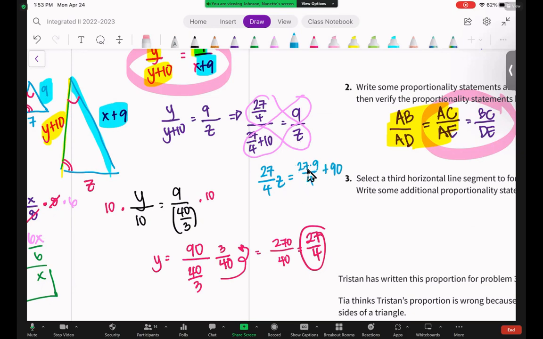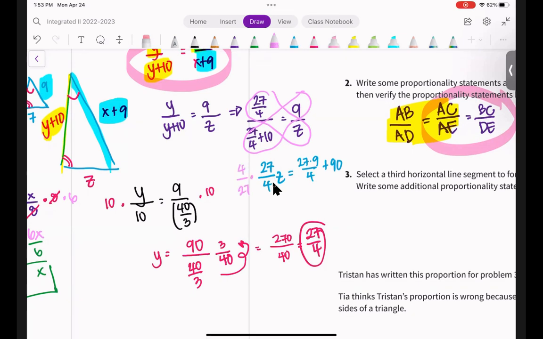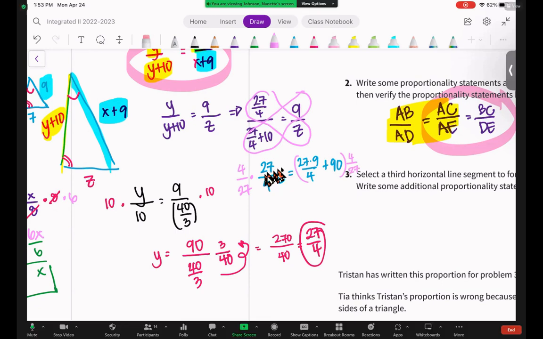I'm going to leave it like that. And then to solve for z, I'm just going to divide by 4 over 27, or just multiply by the reciprocal. And that goes this whole thing. And now you understand why I left it like this, because you should see what's happening.